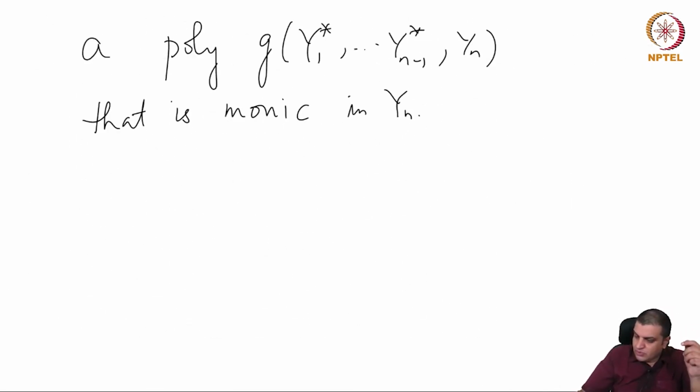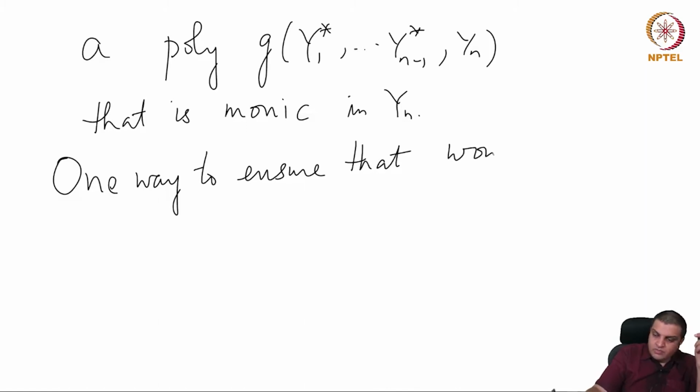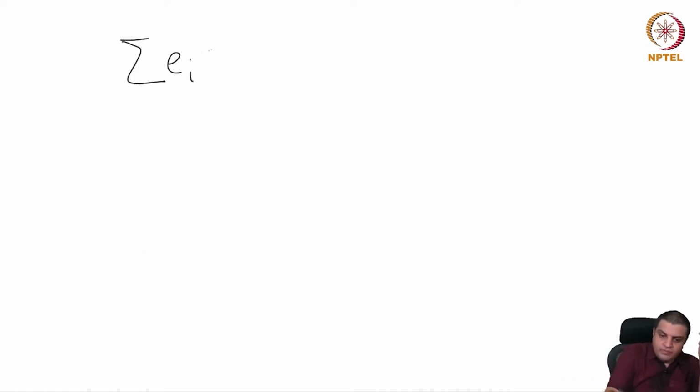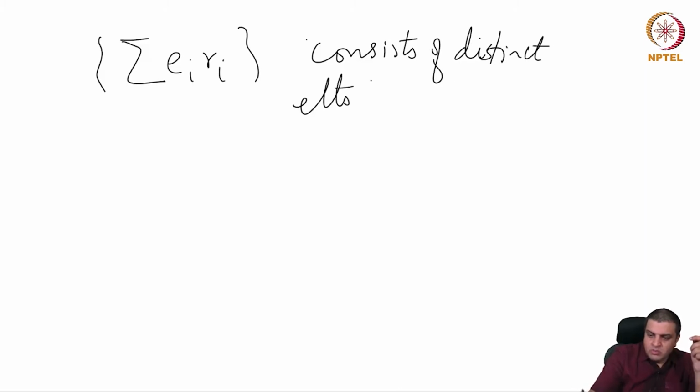So one way to ensure that would be to choose r_i such that this collection consists of distinct elements, collected over all E such that a_E is non-zero.